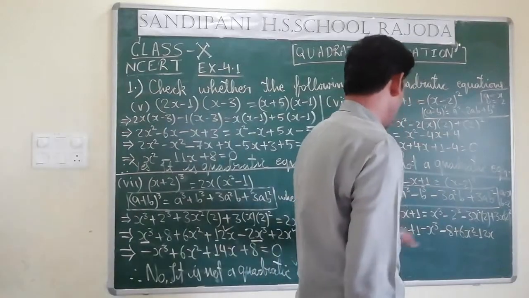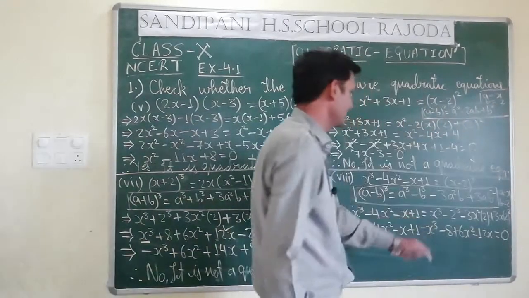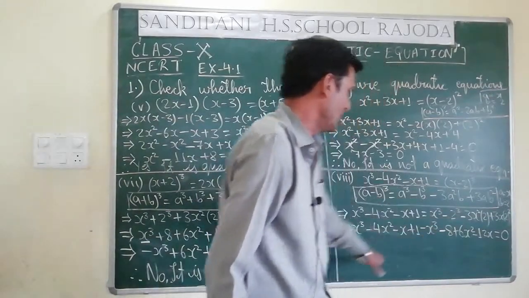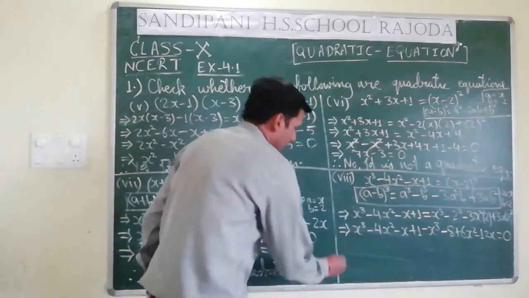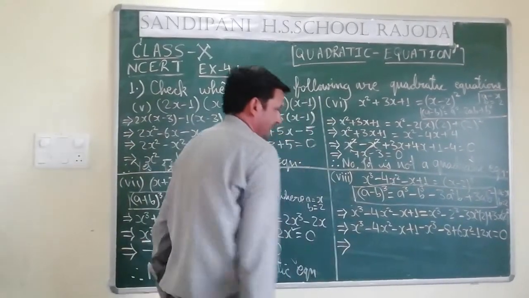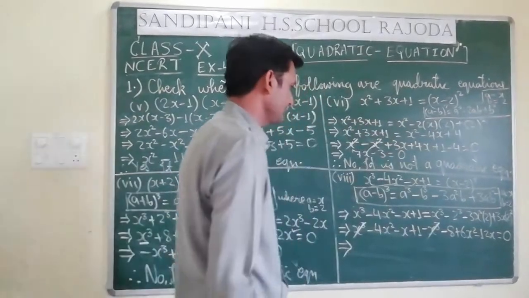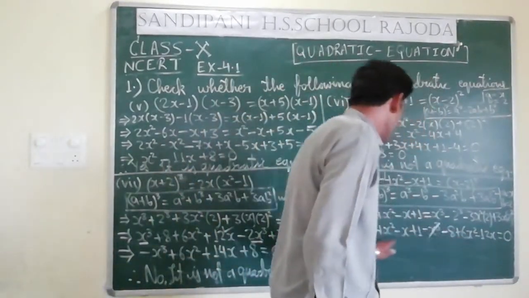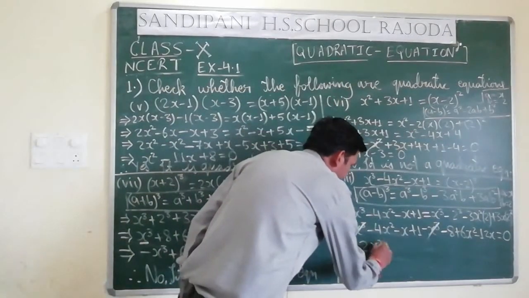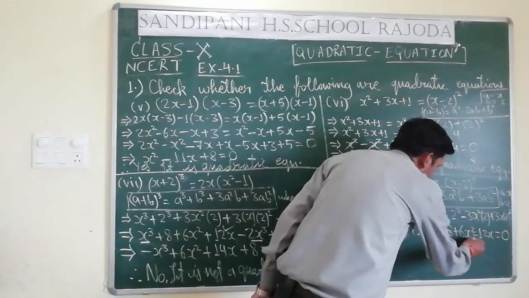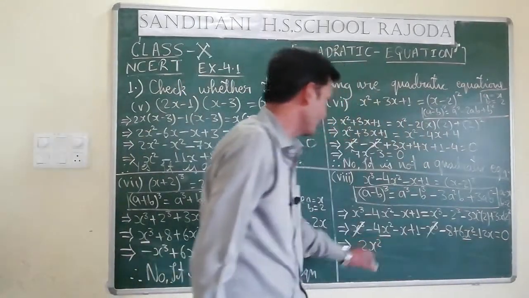So now it is equal to 0, because all the terms are shifted from RHS to LHS. It implies that this x cube is cancelled, 6x square minus 4x square, that is 2x square. You may underline and solve it to avoid mistakes.